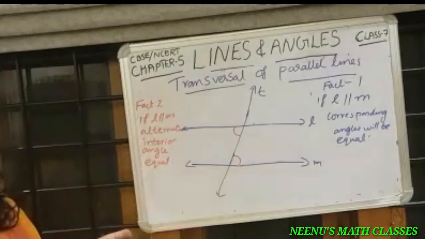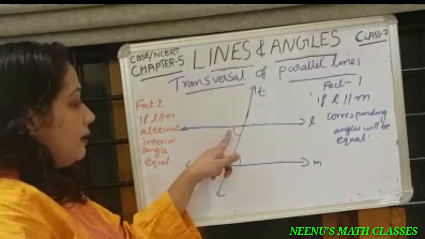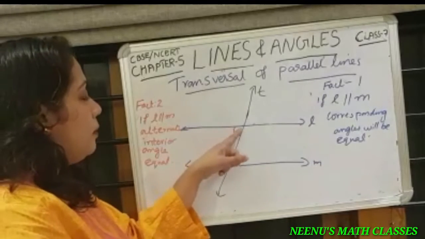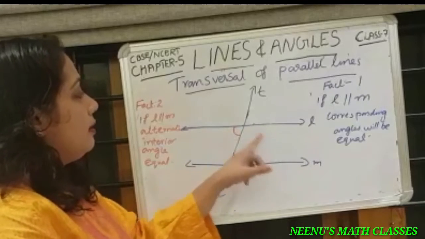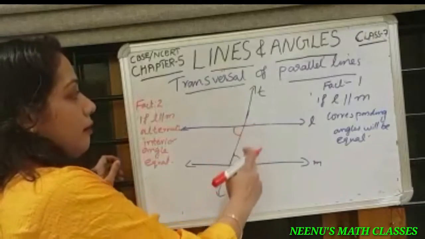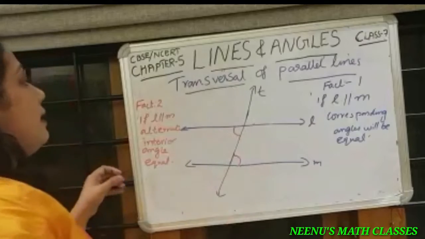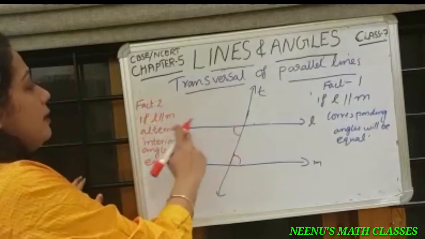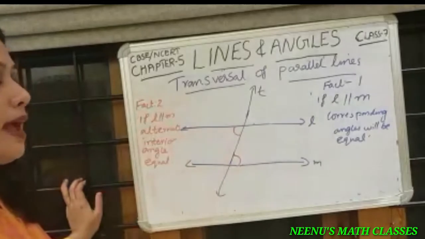We know what an alternate interior angle is: they are on opposite sides of the transversal, one in this direction, another in that. Interior means inside the two lines. Fact number two states that if L is parallel to M, then alternate interior angles are equal.